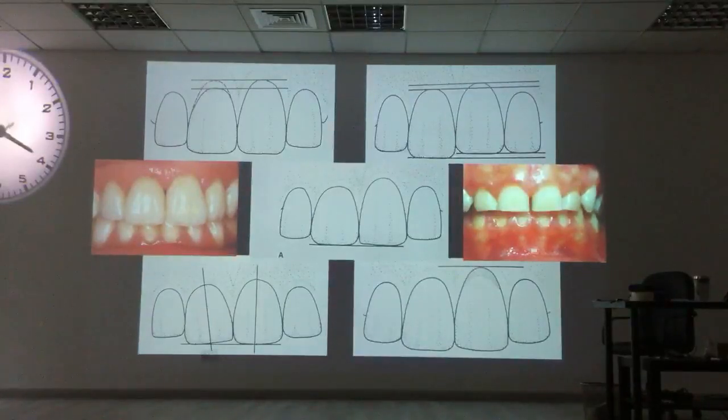I think if the bone grafting you're doing is predictable, like horizontal, we would do the bone grafting. If it's vertical, then I agree with you. We try to manage prosthetically because bone grafting for vertical is not predictable.